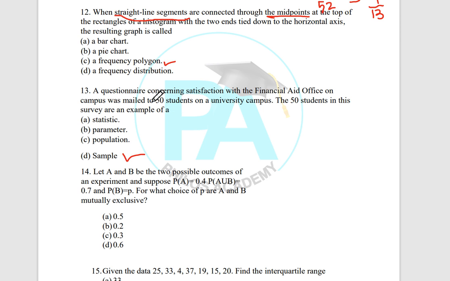The interest is the campus, and we know that the total number of students on a university campus is not 50. So those that you mailed it to is a sample. That's 50 students. So the answer is D.